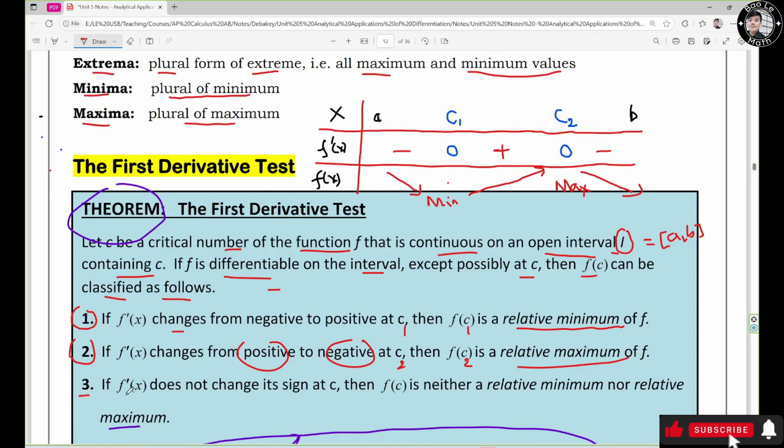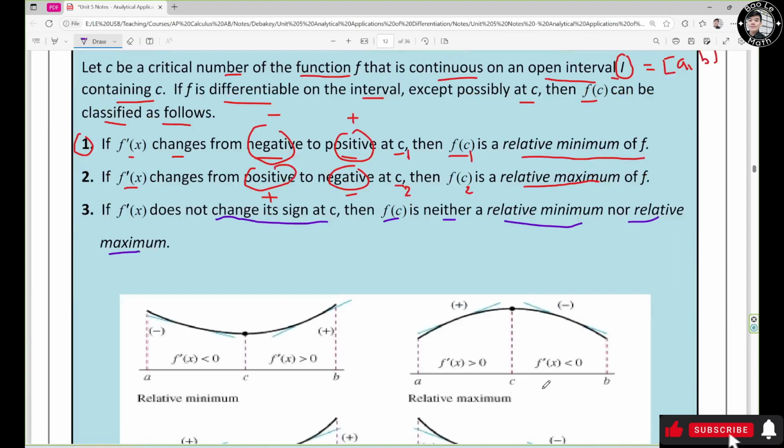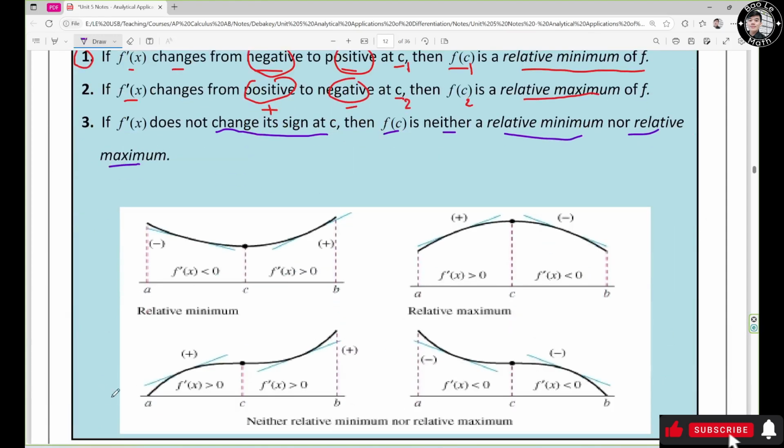Now, number 3. If f prime of x does not change sign at c, f(c) is neither a relative minimum nor a relative maximum. You look at the picture right here, number 3. The sign does not change.